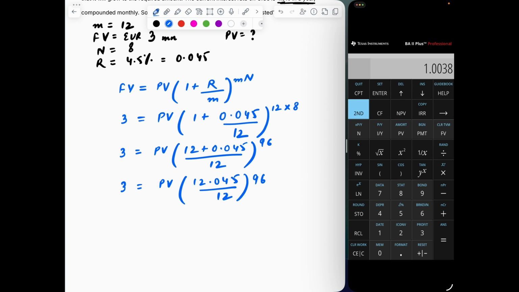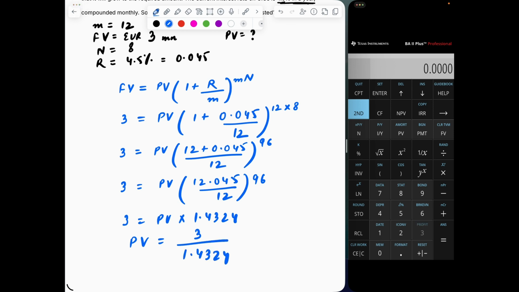I'll press y to the power x, tap in 96, equals. So 3 is equal to present value into 1.4324. So present value is equal to 3 divided by 1.4324.